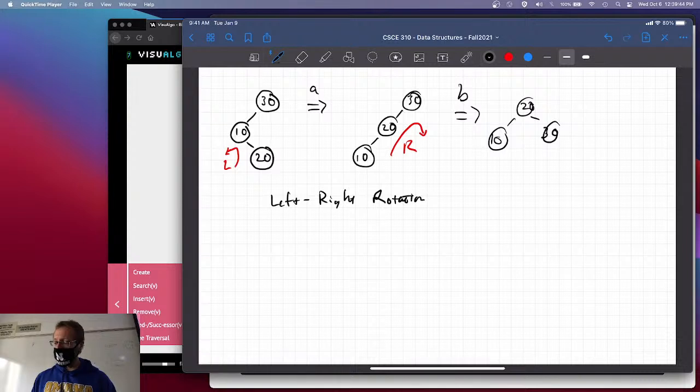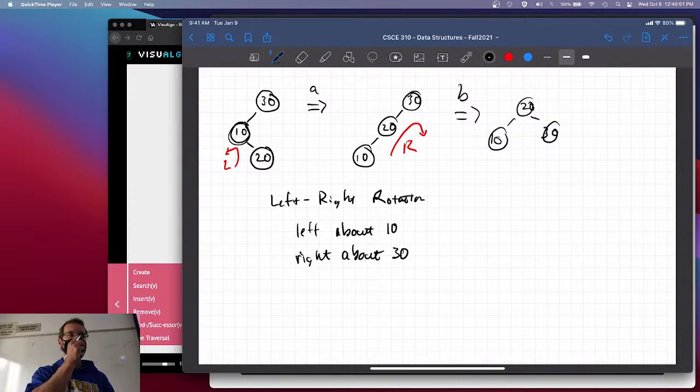It's left about 10, and then it's right about 30. Left about or around 10, right about or around 30. You're kind of using those as pivots. That's what you're grabbing onto.